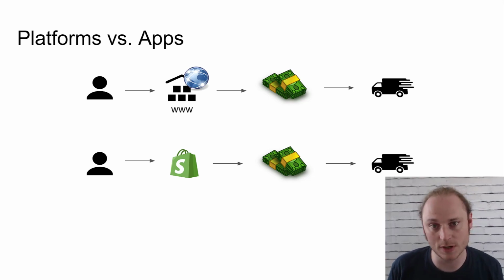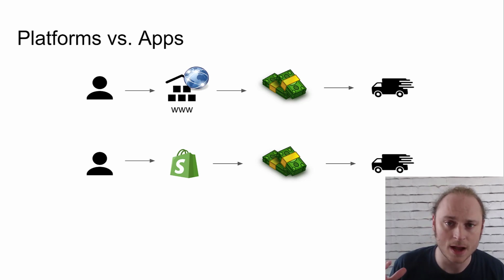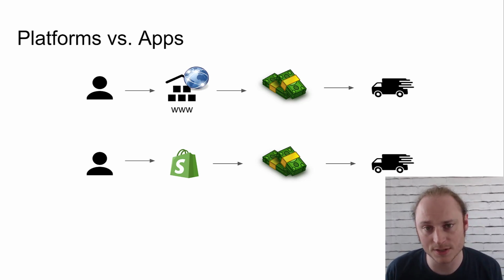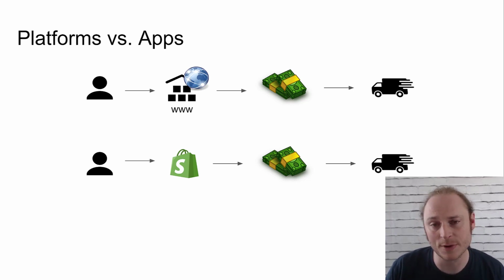If you have a little more experience, go ahead and go with the apps. The reason I say that is because typically you get additional margin on the apps. Your commission is larger, and that more than makes up for whatever issues you're going to have on the customer service side of the house. Plus, if you really know what you're doing, sometimes you can optimize your own product pages to convert higher than the product pages on the platforms.